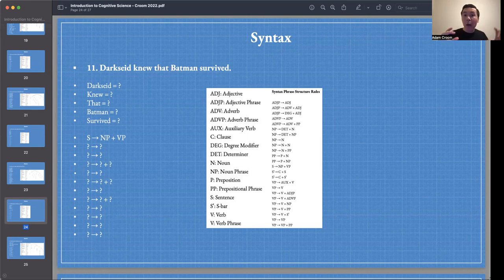But we can build another larger S, another larger sentence with a sentence embedded within that larger sentence, right? So Darkseid knew that Batman survived, okay? So we see that we have a conjunction using that clauses here, which is really cool. It's another thing that's going to help us capture productivity with our cognitive abilities, right?